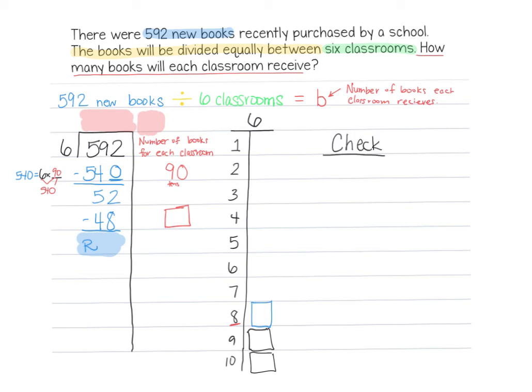And we're going to check our work. So we have our answer. You're going to start with the quotient that you got, and you're going to multiply it times the divisor. So go ahead and make your area model to multiply this problem.